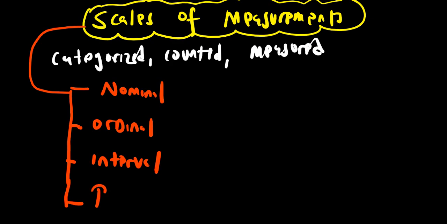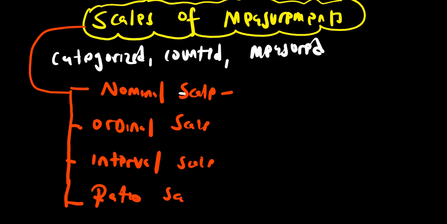And you have to understand the ratio. The nominal scale, the ordinal scale, the interval scale, the ratio scale. Let's talk about this one by one.